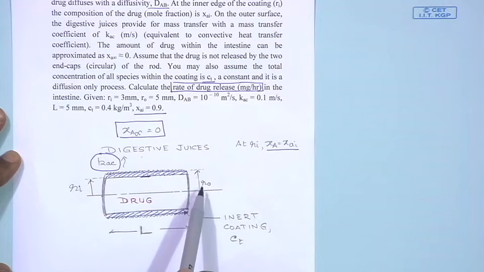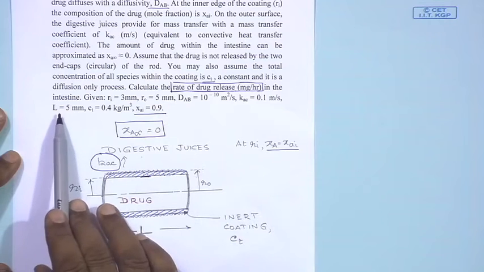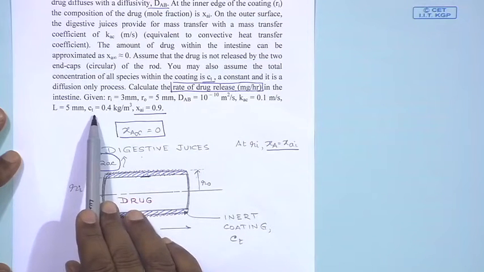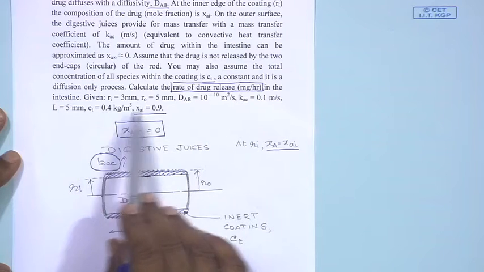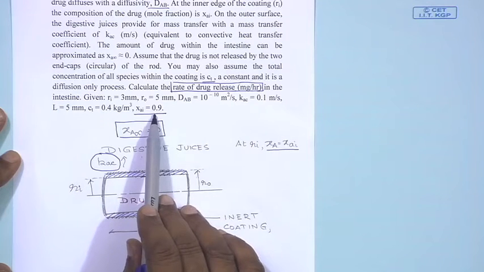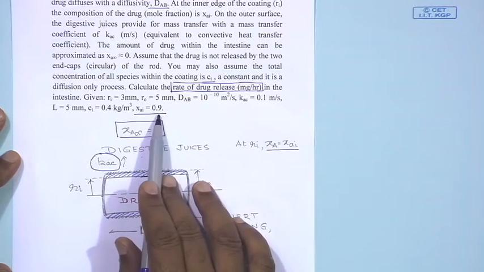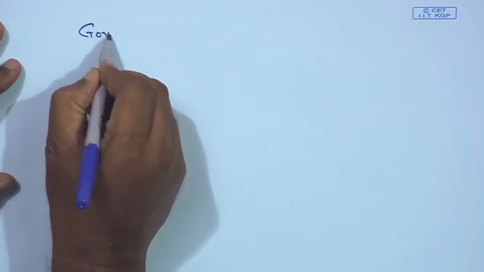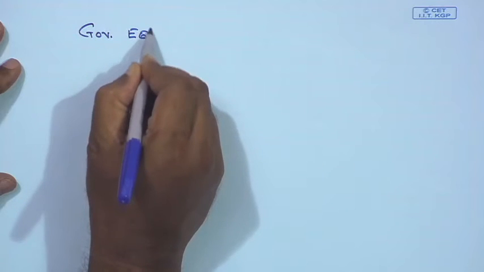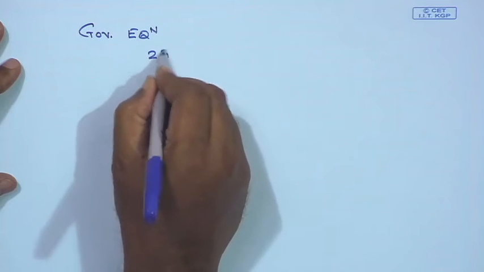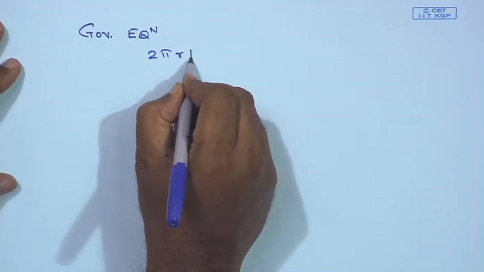R_I, R_0, the values are provided, the length is provided, the total concentration of all the species present in the inert core is provided, and the mole fraction of the drug at the inner core is also given. So, we will start with the derivation of the governing equation. My governing equation in this case, as I have mentioned, involves twice pi r times L.